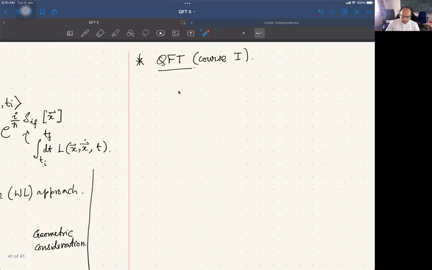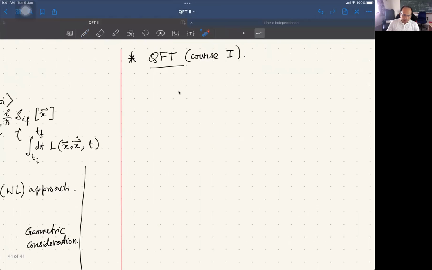Here both time and space become parameters, and in this quantum theory the operators are the field operators. And this is of course a space-time approach.